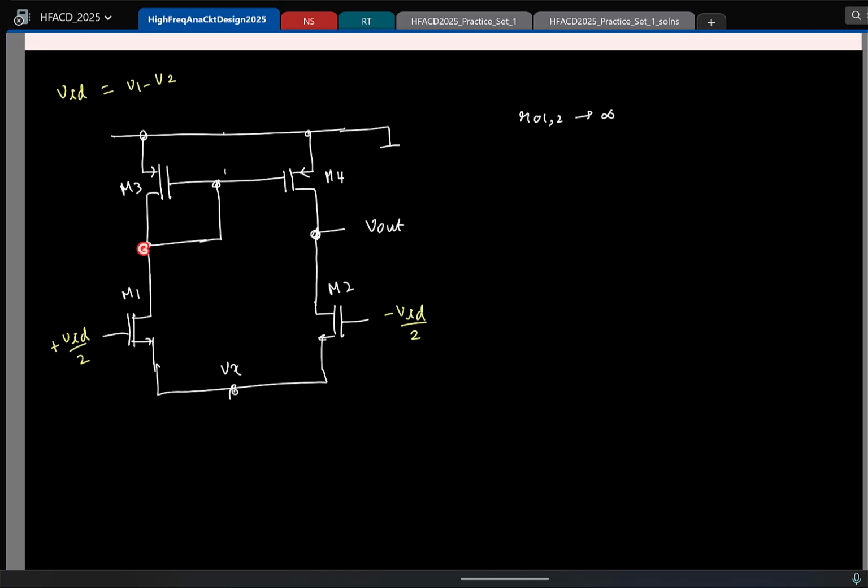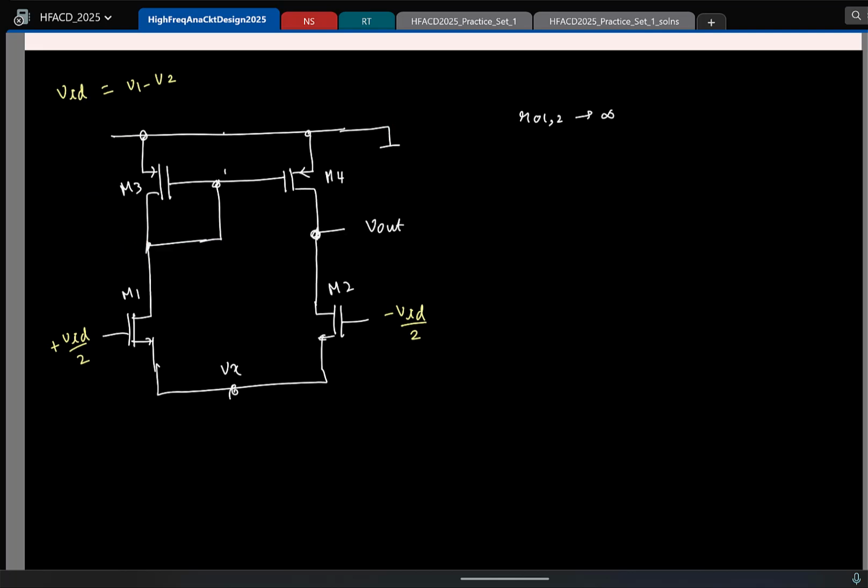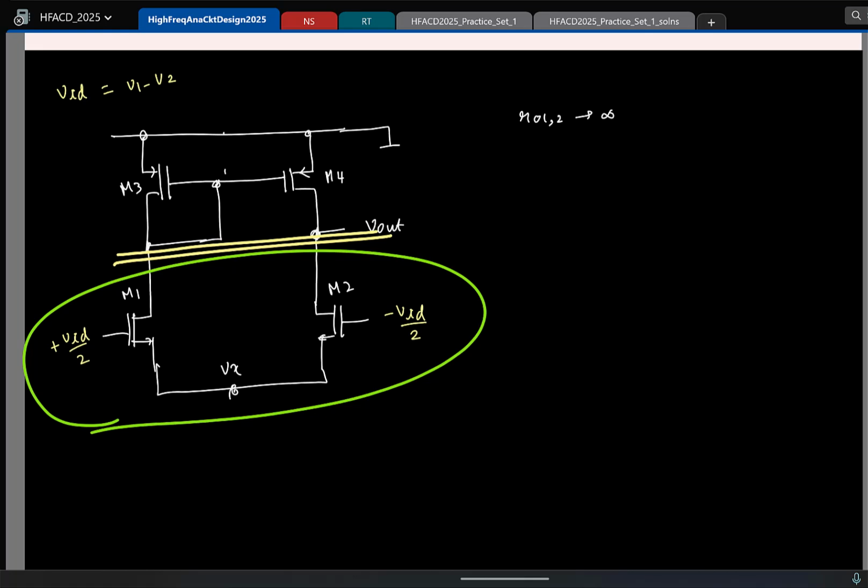Whatever is happening on the drain terminal is what is resulting in the asymmetry. If I include R0 for the NMOS transistors, the effect of the drain voltages will impact this. Now let us say ignore R0, which means whatever is happening here has no bearing on what happens here. Now if I just look at this portion of the circuit, is it symmetric or not symmetric?